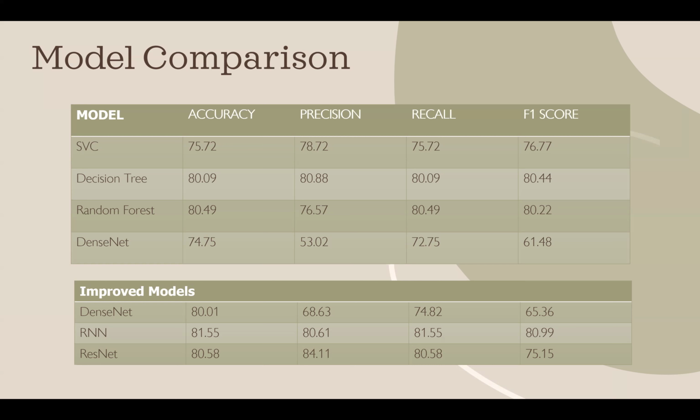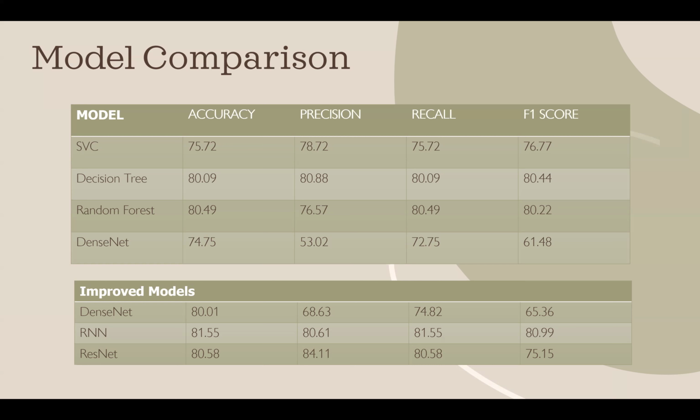Previously, we performed on SVC, DT, and RF DenseNet models, which did not perform as expected. The improved models that we chose currently show a clear improvement in their performance. RNN displays higher values out of all other models. The RNN stands out with the highest accuracy of 81% and F1 score of 80.99%.